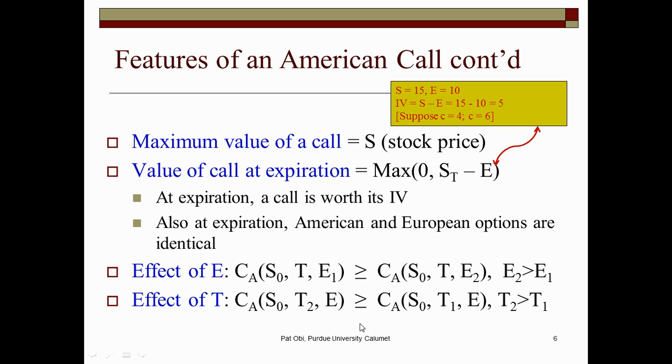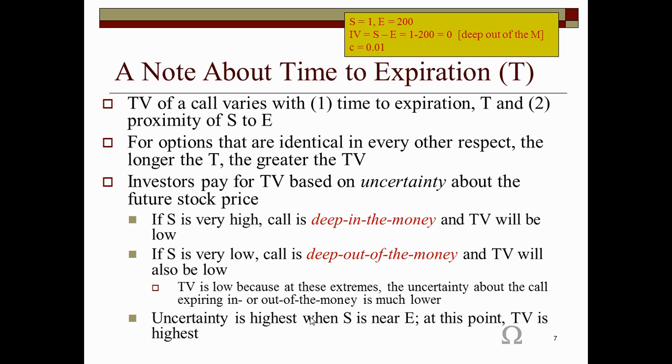And again, because a longer expiration time gives you more room, more wiggle room, more time to hope for a much more gainful outcome in this transaction. Now finally, I did indicate a note here about time to expiration concerning two types of options, a deep in the money option and a deep out of the money option.